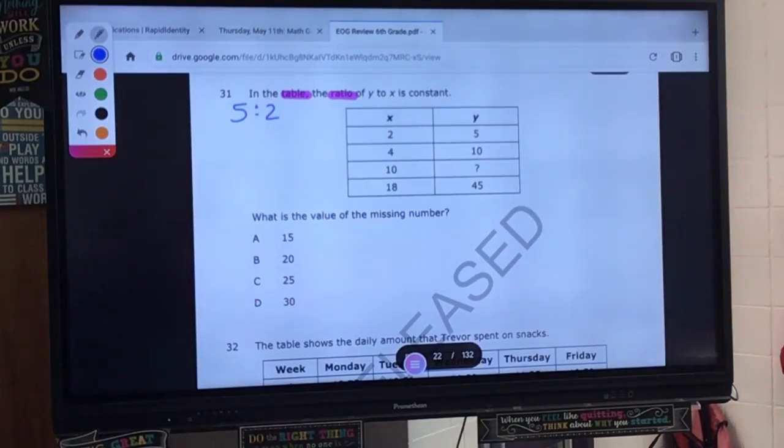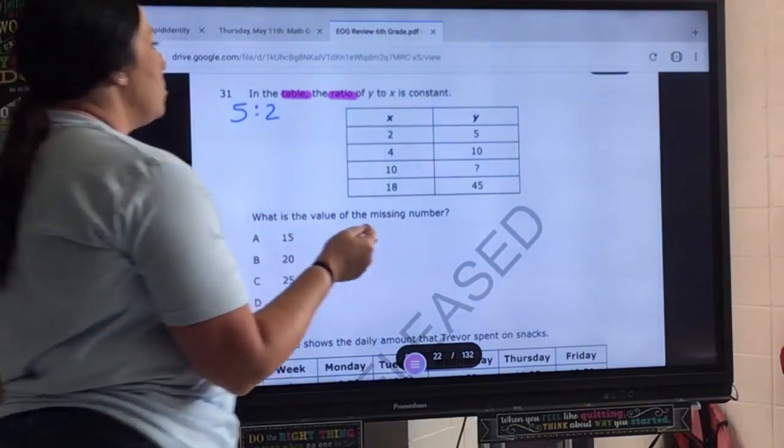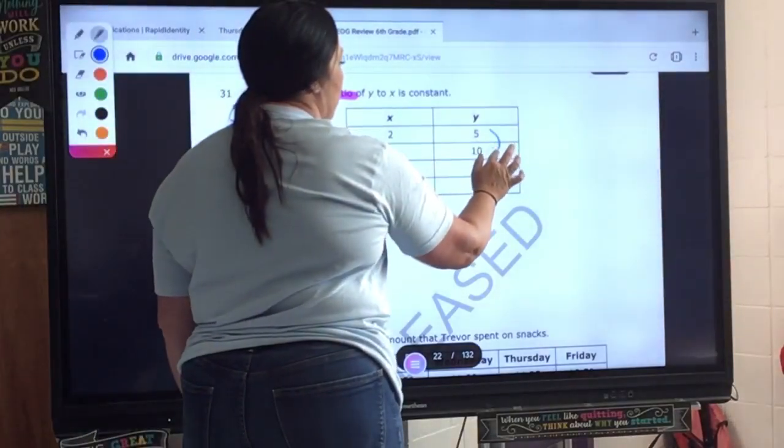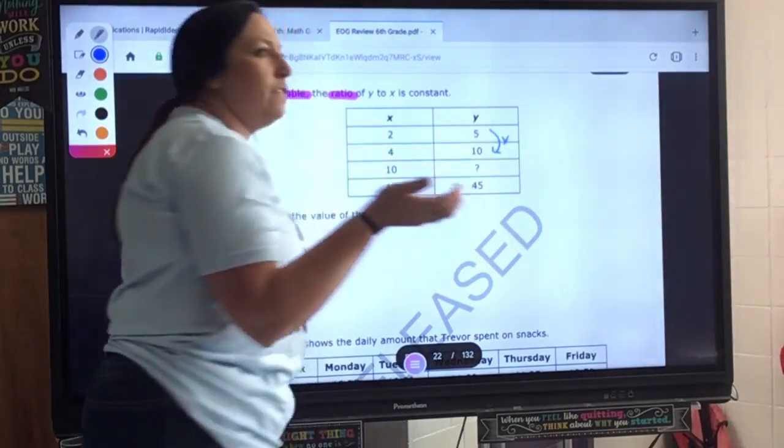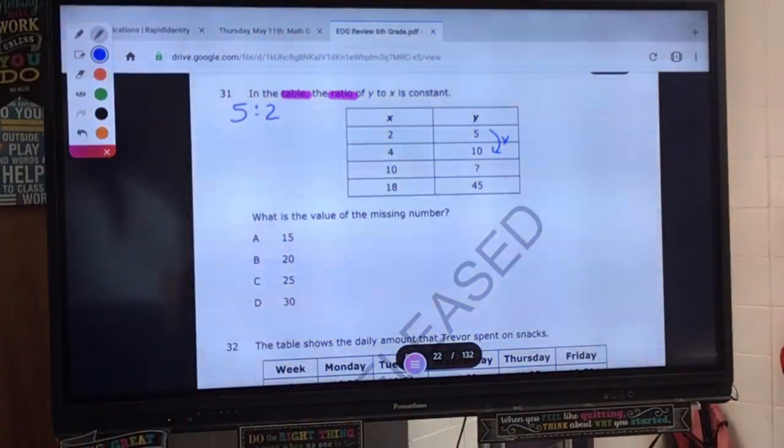Now, when you're finding equivalent ratios, do you use the next one in the table, or do you always use that original one? You always use that original one. So essentially you're saying to yourself, okay, well what times 5 gives me 10? 2.